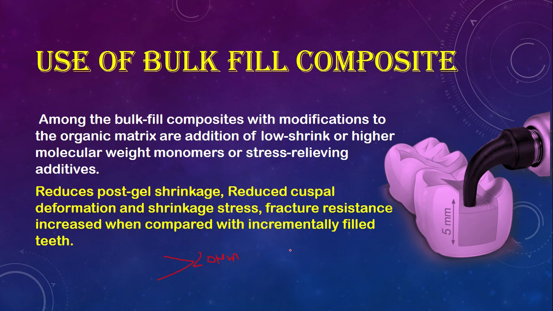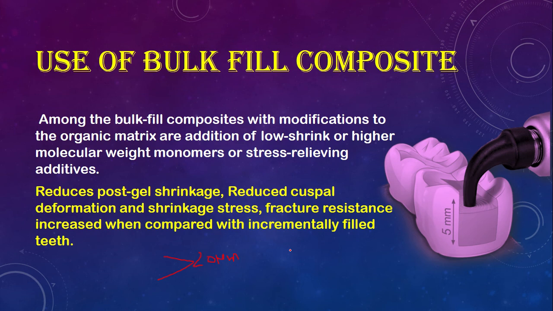So this enhances the amount of transmitted curing light and reduces the scattered light, resulting in a high degree of conversion of the large filler containing resin based composite. Also, this bulk fill composite resin reduces the post gel shrinkage. The concept that you have just discussed, that the resin gets converted from viscous liquid into viscoelastic solid.